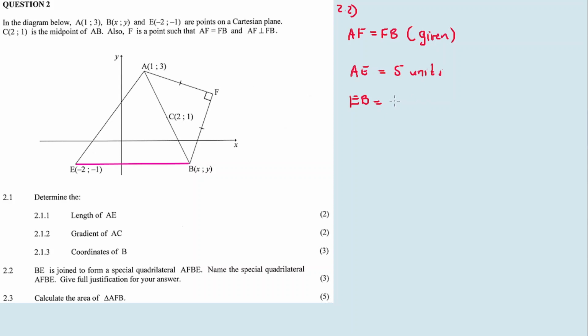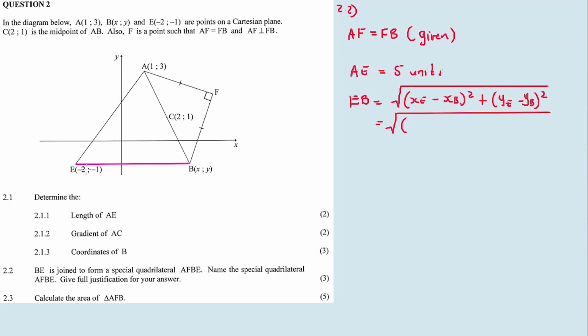So how do we calculate it? Using the distance formula, right? So XE minus XB squared plus YE minus YB squared. What's XE?